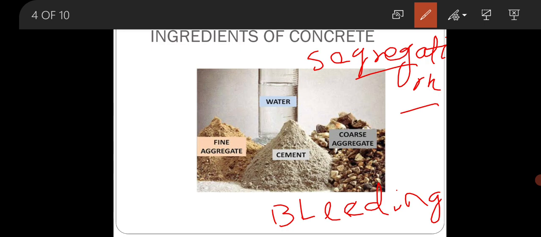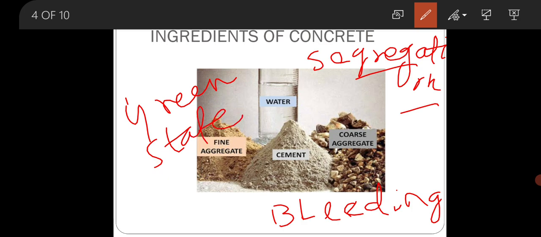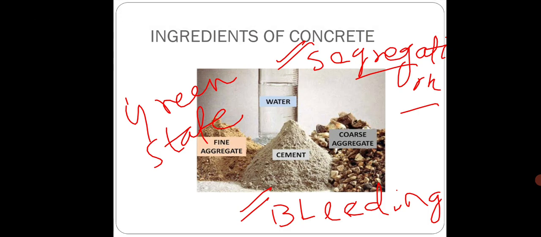So the main requirement during the green or plastic state of concrete is that it should be free from segregation and bleeding. And in the hardened state, that means after hardening of concrete, the performance requirement is that concrete should be strong, durable and impermeable. Among the various properties of concrete, the compressive strength is considered to be the most important. Clear?